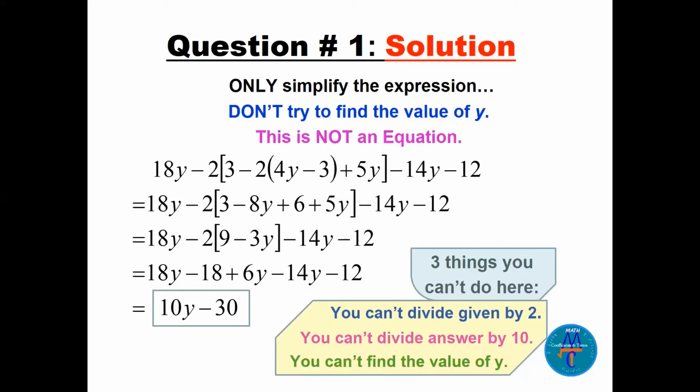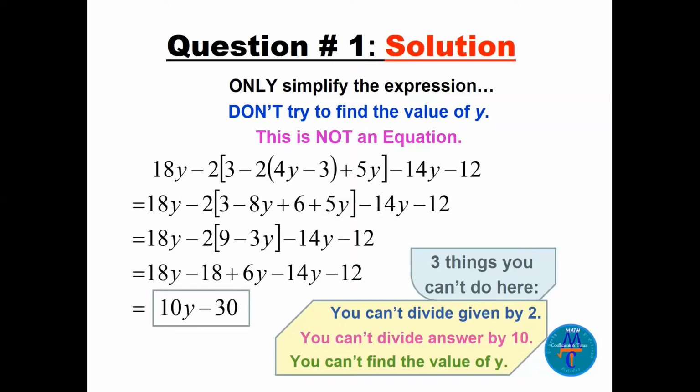Now, on the right side, I wrote some notes. 3 things you cannot do here. You cannot divide the given by 2. You see, in the given, there is a number 2 in the 18, 14, 12. You cannot divide. You cannot touch the expression. It's not an equation.